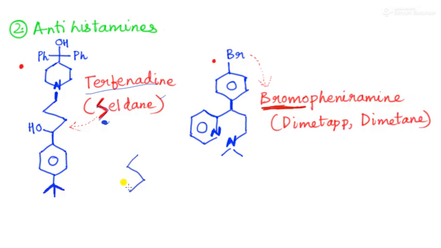Once you know this S, just attach OH like this and N like this. Then you could draw benzene like this, and then the tertiary butyl group. Next we could draw here a 6-membered ring, and this part you could learn.